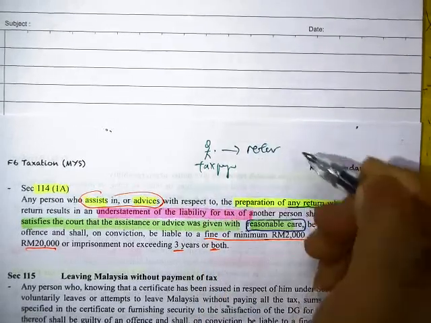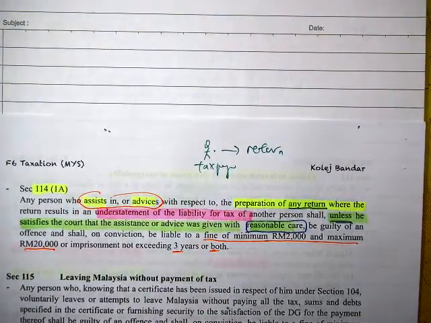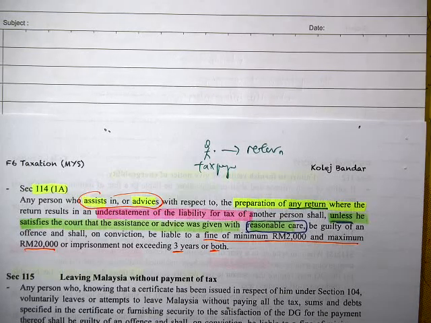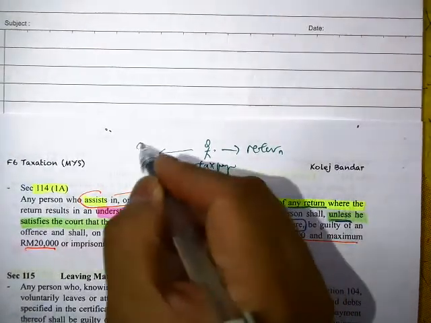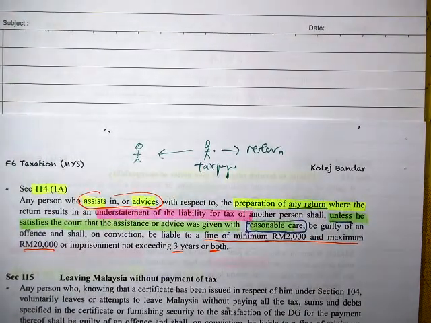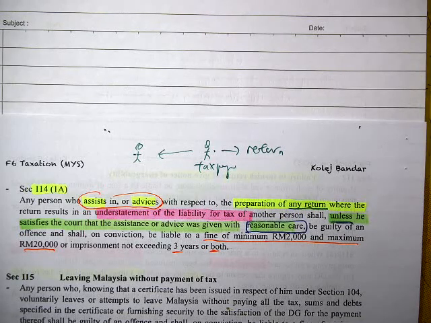So let's say for example, this is a taxpayer, okay, the taxpayer prepares the return. Now the taxpayer says that my tax is a lot, don't know how to pay, so chit chat with you. You're very smart. You say I teach you a few techniques, so you do all these things, then you don't pay tax. But all these techniques are not legal, you see?